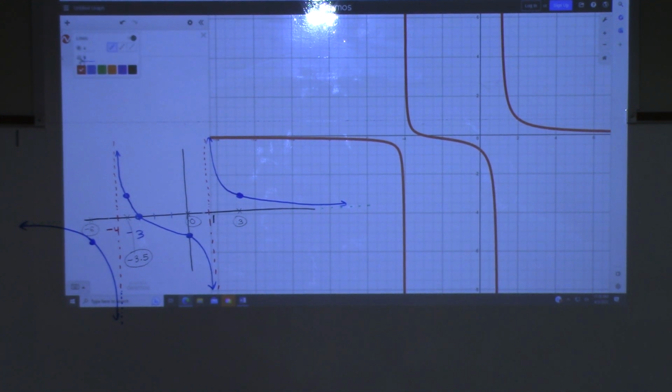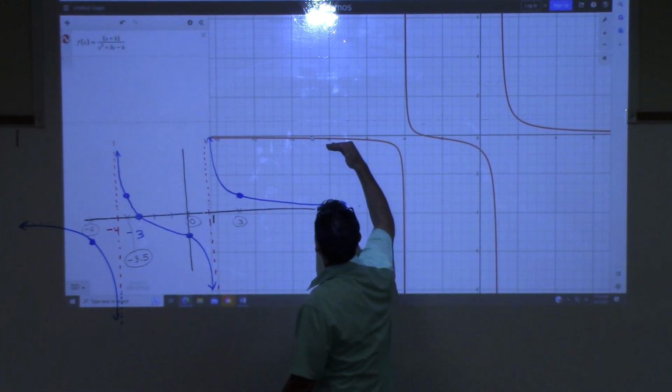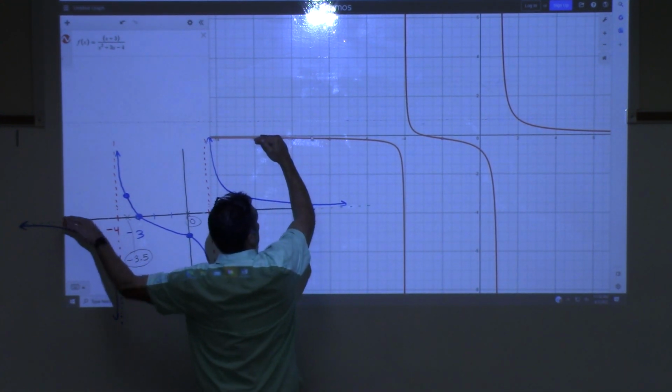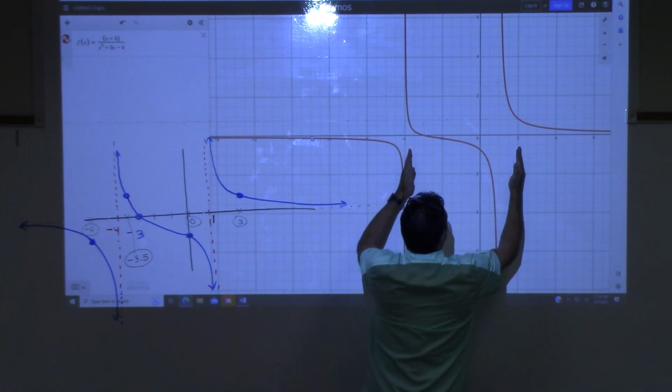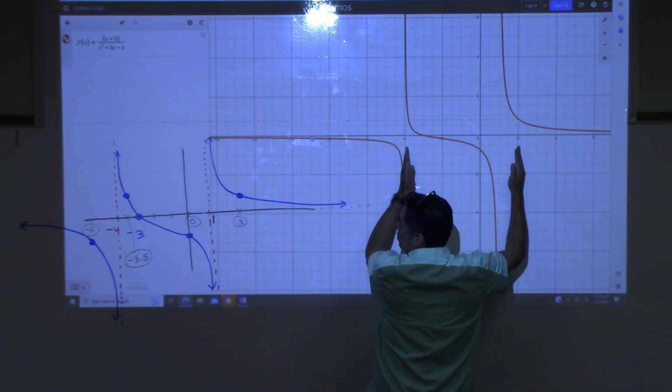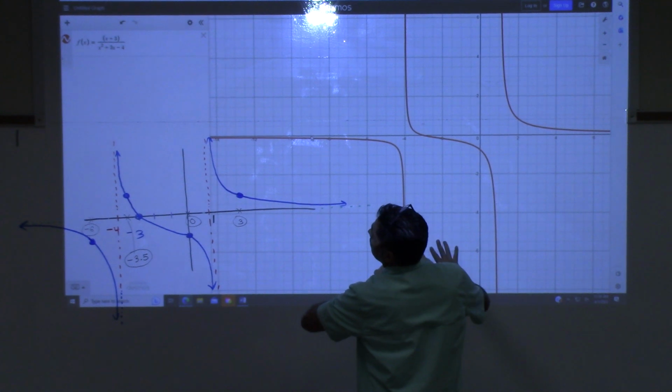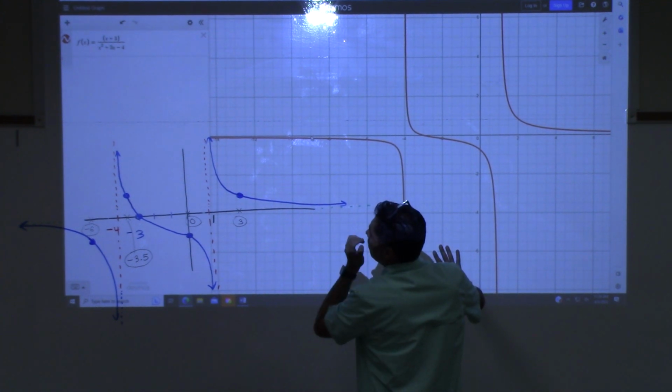I like ours. All the characteristics that Desmos has, we have, right? As you go out to the left, we flatten out towards the x-axis. Right here between -4 and +2. Oh, wait, hold on. What the heck?